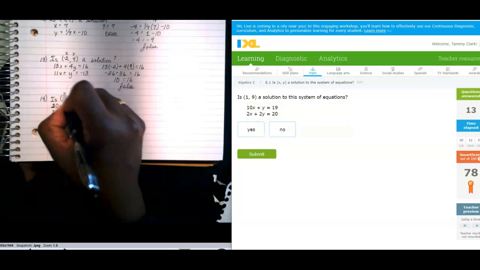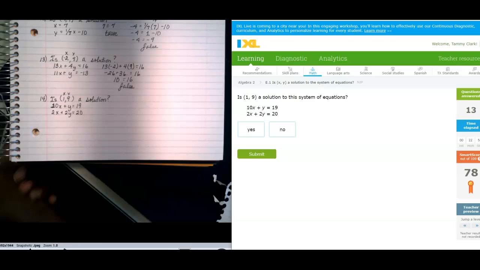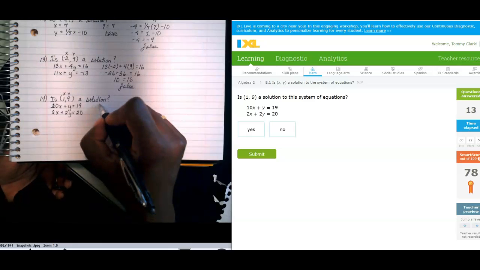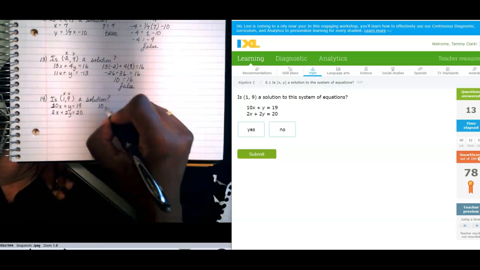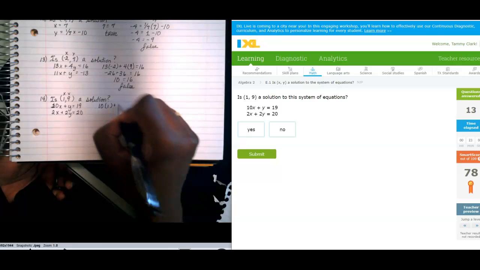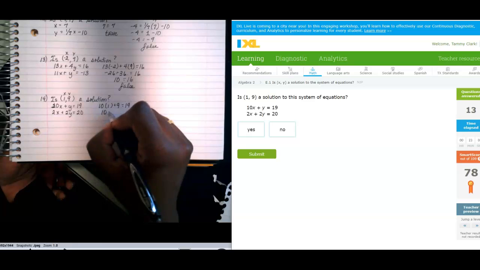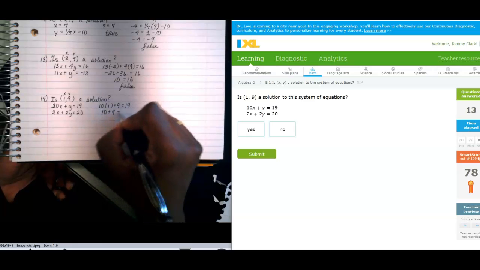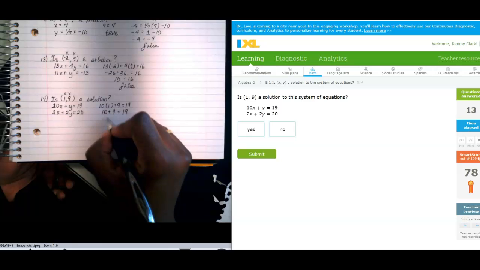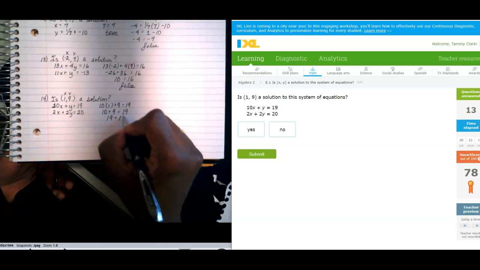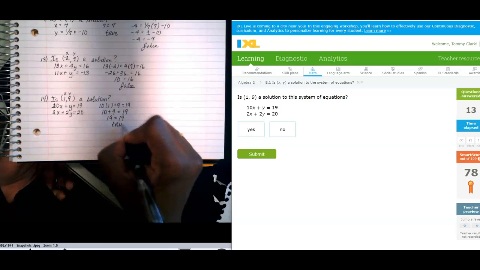Is ordered pair (1, 9) a solution to the system? So again, we're just using substitution. 10 times 1 plus 9. Does that equal 19? 10 times 1 is 10 plus 9. 19 does equal 19, so that is true.